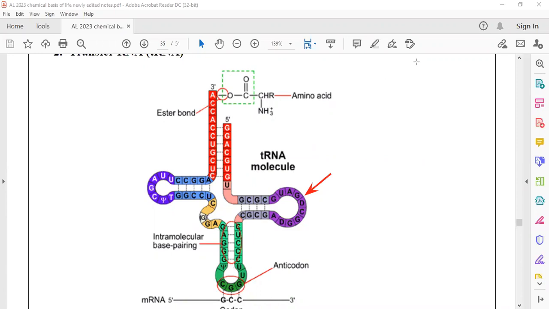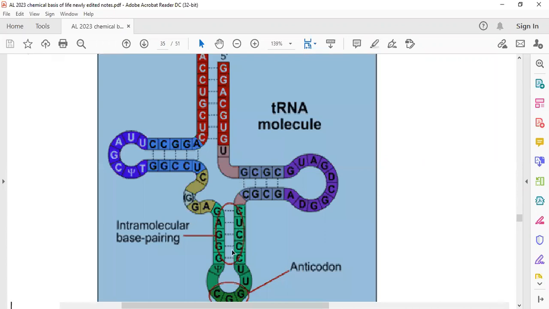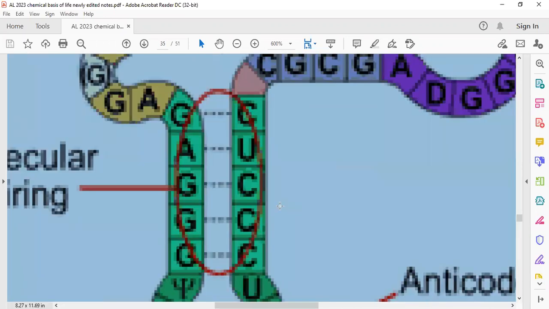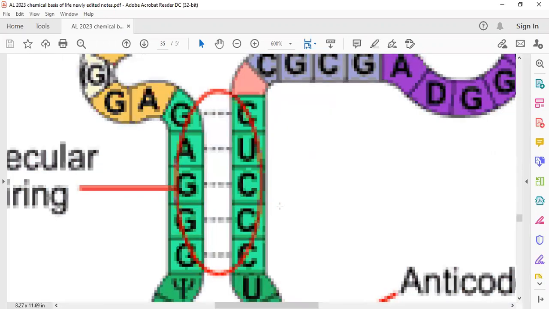In this RNA, you can see base pairing. Who is paired to whom? Adenine is paired to uracil.